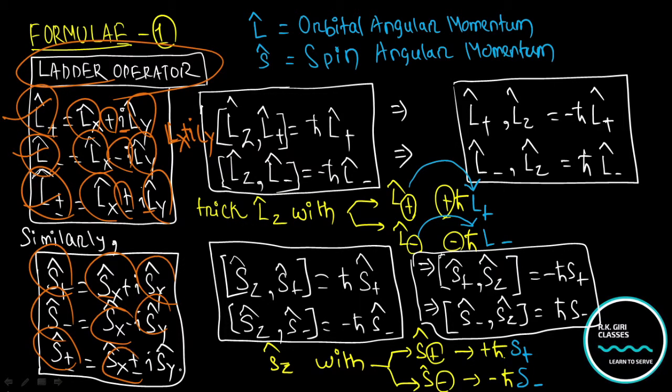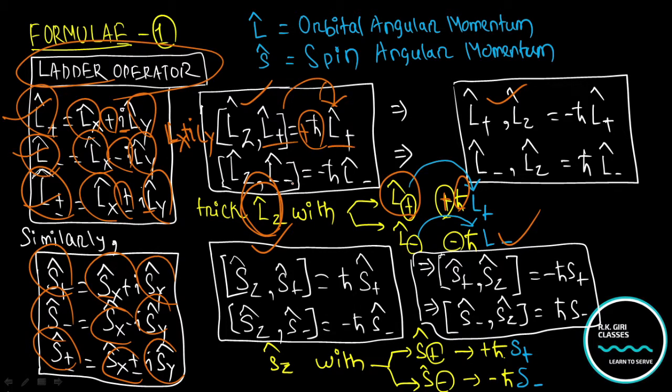But the question is with this and this. The trick is, if you have Lz with L plus, that means put the first plus symbol there and put an extra ħ, plus ħ. And with L plus, that means just simply copy paste, right?